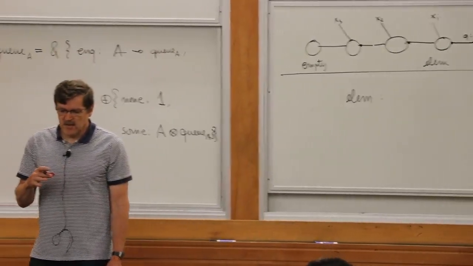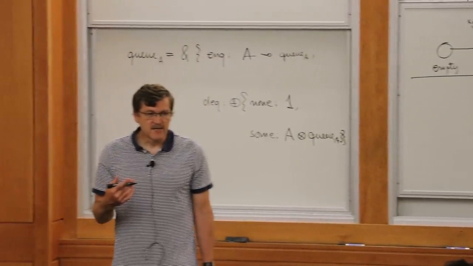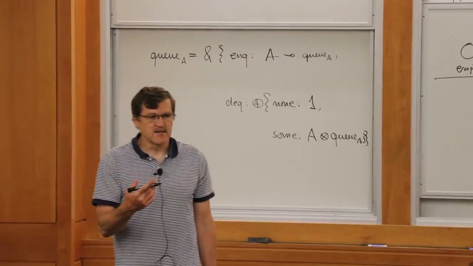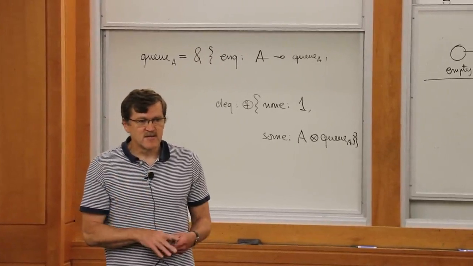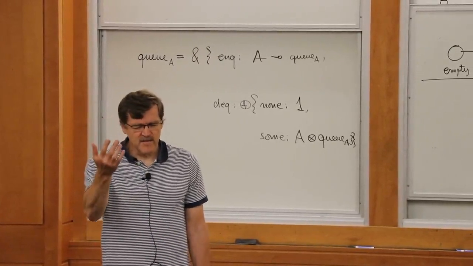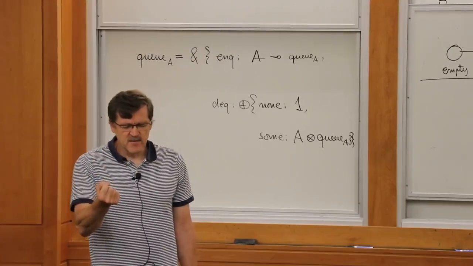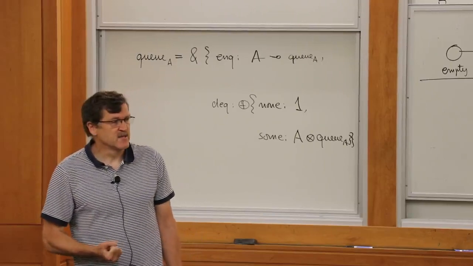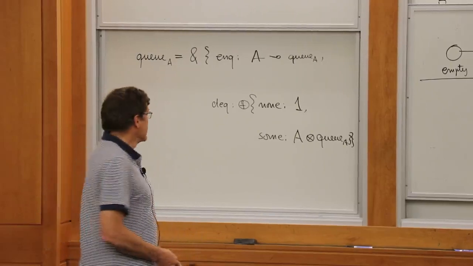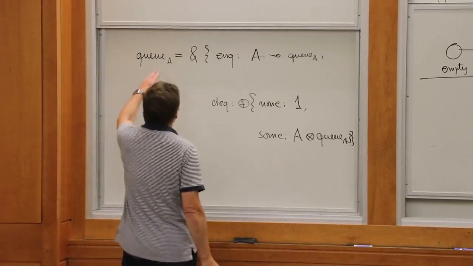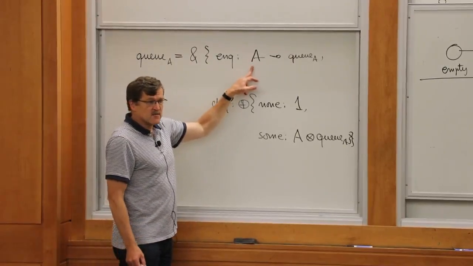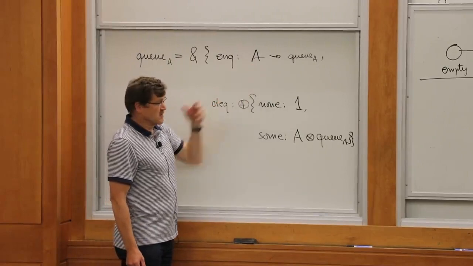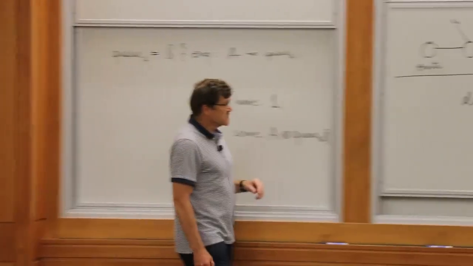Because even more complicated than in a functional language is the fact that whenever you have an interaction, the type of your channel changes. In a functional program, you're used to the fact that this is a function from int to int, and it's always going to be a function from int to int. But here, it starts out as a type Q. Once you receive a message, suddenly the channel has a different type. So unless you're always aware of the type, you're not going to get the program right. At least that's my experience.